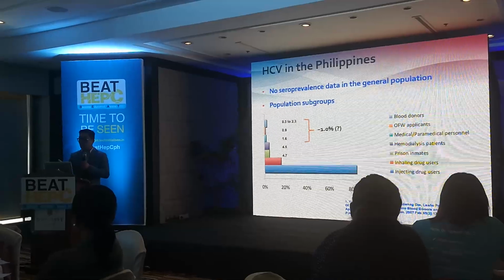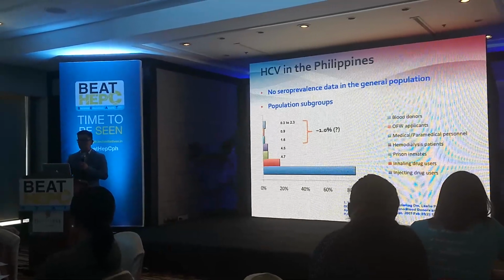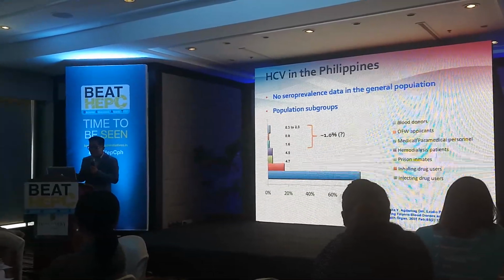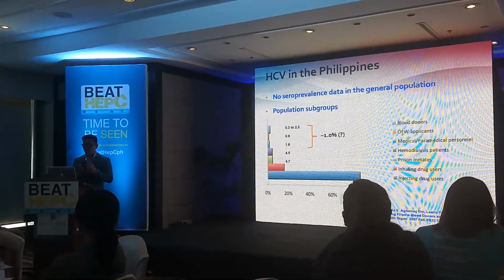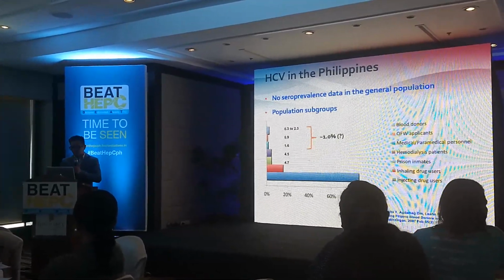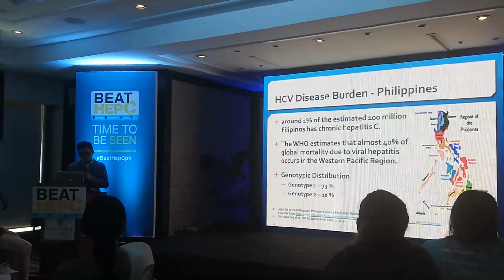That is where the 1% comes from, and if we extrapolate that to the current population of the Philippines, which is about 105 million, about 1.05 million Filipinos are currently infected with the hepatitis C virus.